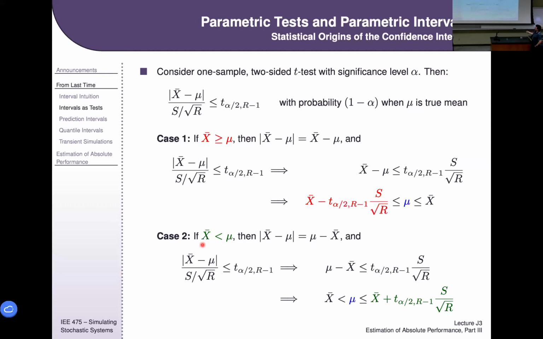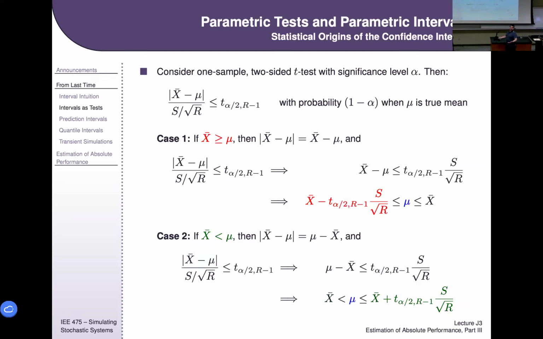If you do the other side, if you say, well, what if the real mean is greater than my sample mean? Then I have to flip the sign of the numerator in order to drop the absolute value. But I can do the same thing, and I get a similar formula. So under this case, the real mean is between my sample mean and this upper bound of the confidence interval.